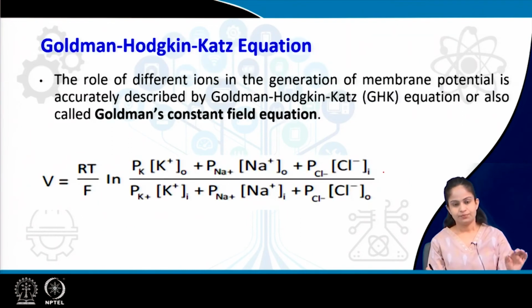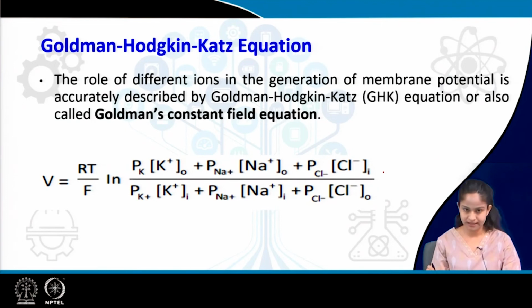Now, this is for the individual ion, like for example in glial cells, but in our body we do not have only glial cells, we have so many cells. Those cells consist of various ion channels, like potassium, as I told you, they are permeable to sodium ions also, and to chloride ions also.